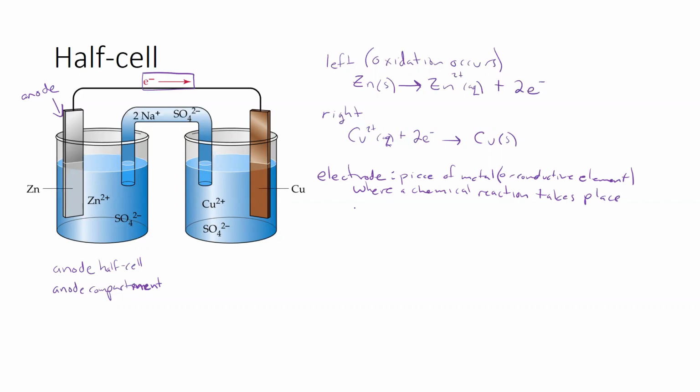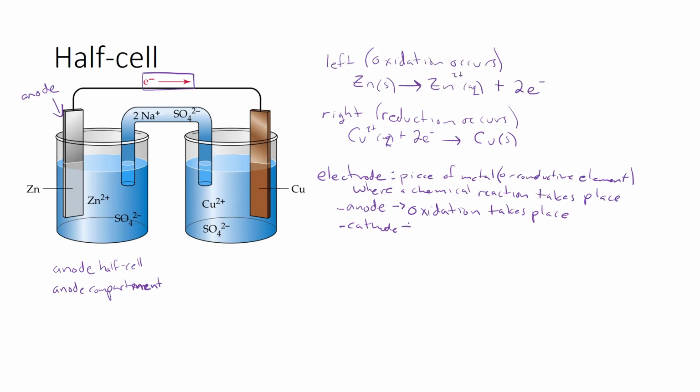And so the anode is where the oxidation occurs, or the oxidation takes place. Okay. The other side is what's called the cathode, right? Which is where the copper side is, right? And the cathode is where reduction occurs. Okay.